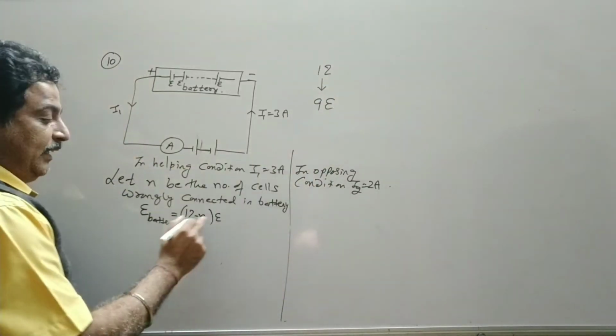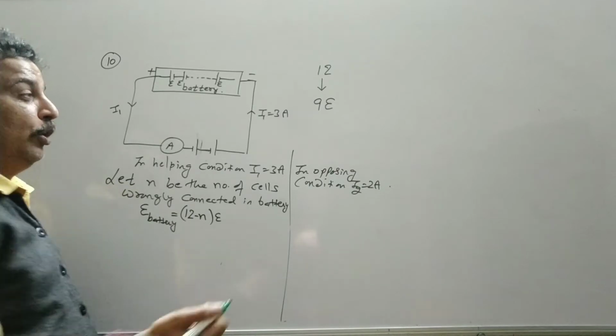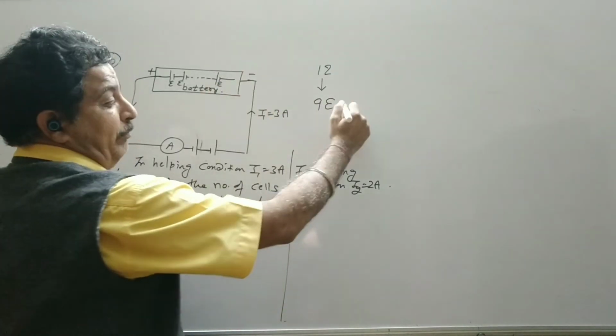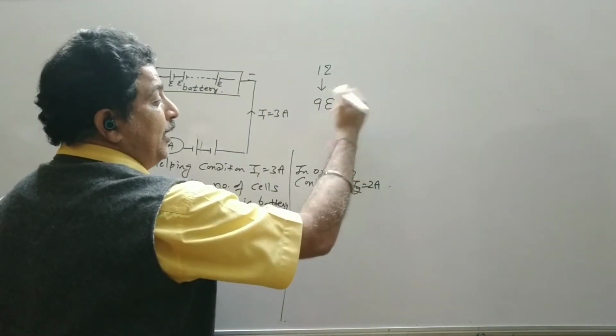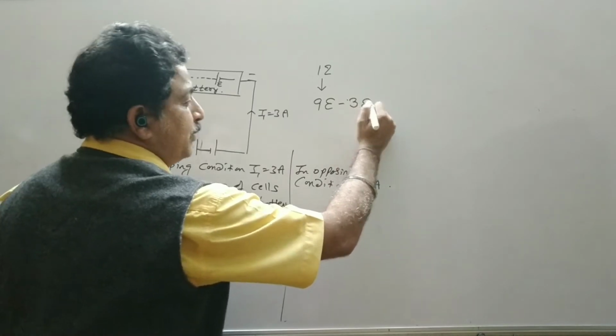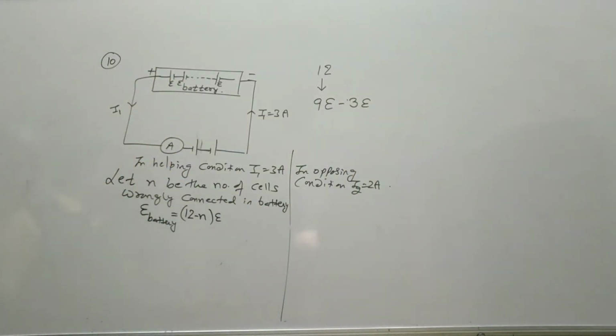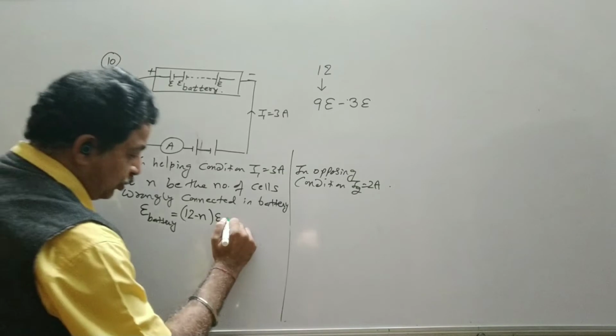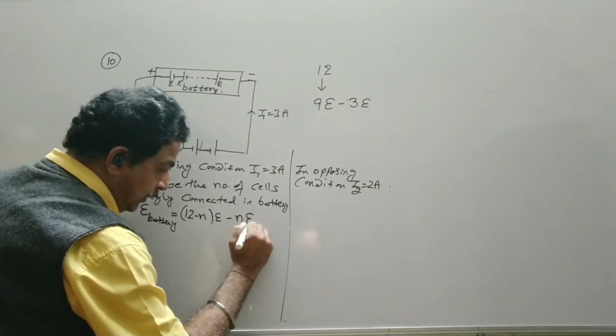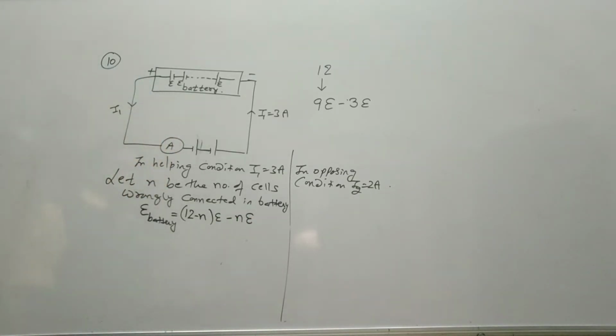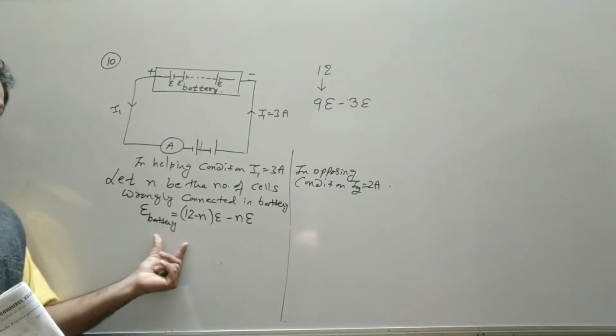So how do I write this 9E? (12 minus n)E. Now those which are connected in a wrong way, that is opposing, their EMF should be subtracted from it. So we have n connected wrong, so nE. So this is the EMF of a battery.